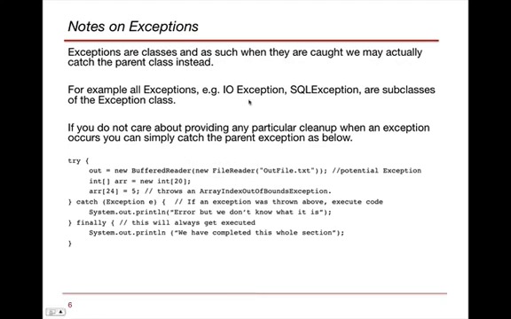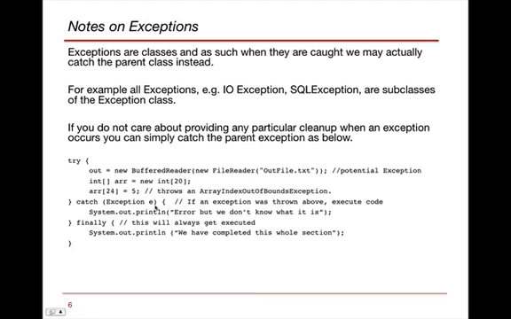So, like we said, exceptions are really just a class. They are an instance of a class, and they extend the exception class, which actually extends another class called Throwable. So if we don't particularly care about providing any particular cleanup, we can do a little bit of a shortcut. We're using the same code as before, and any one of these lines can throw an exception. It's the first and third line. And what we say is, if an exception is thrown, we just want to catch the general exception, and we say exception e.